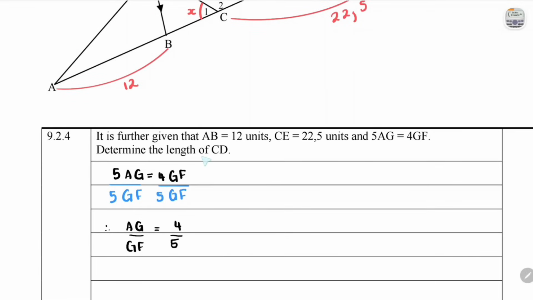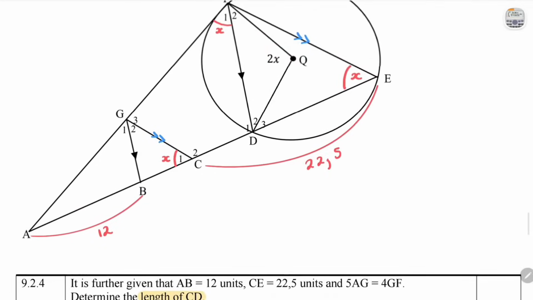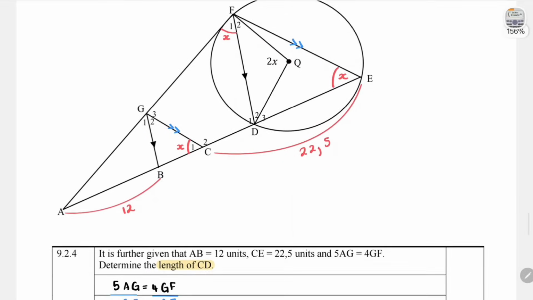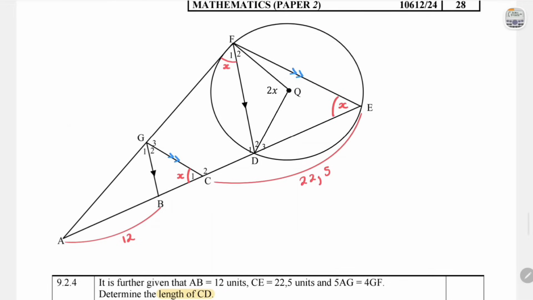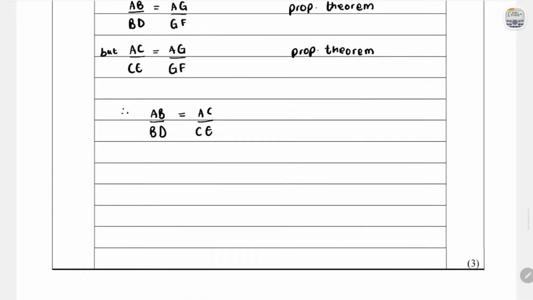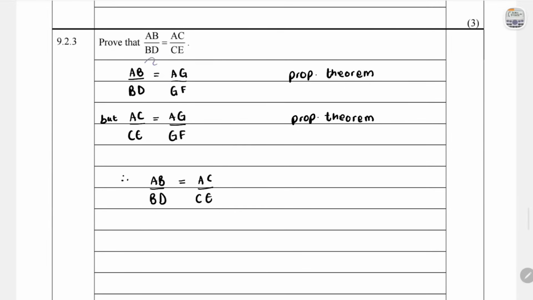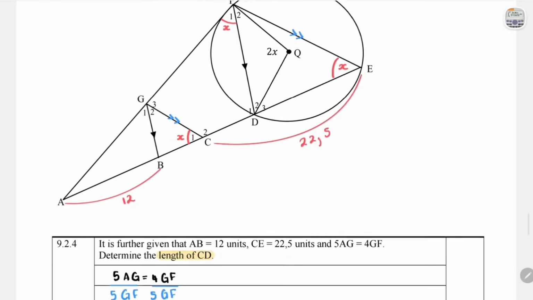And the main goal of this is to determine the length of CD. Let's look at this and just formulate a way to find CD. But let's just put down what we have here. AG over GF is 4 over 5. Okay, and we also already proved in the previous question that that was also equal to AG over GF, so we'll also keep that in mind.